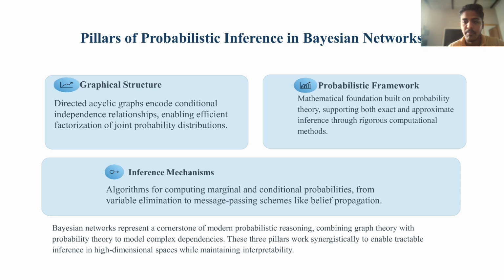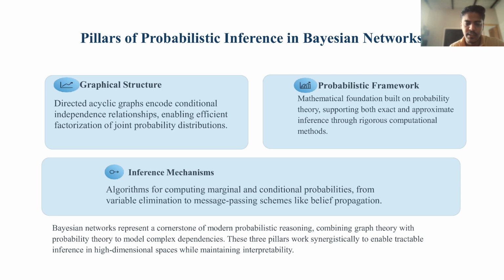Probabilistic framework: a mathematical foundation built on probability theory supporting both exact and approximate inference through various computational methods. Inference mechanism: algorithms for computing marginal and conditional probabilities of variables, from elimination to message passing schemes like belief propagation.